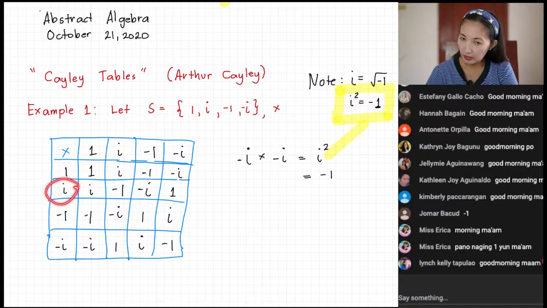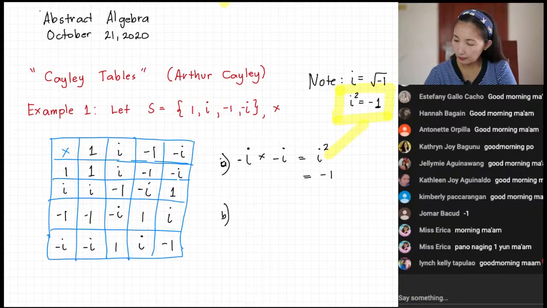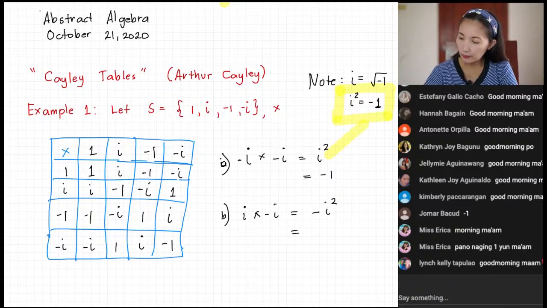I think your question is this: I times negative I. Let me write that also. Let this be A, and then B, we have I times negative I. What will this be? I times negative I is negative I squared. But what did we say about I squared?